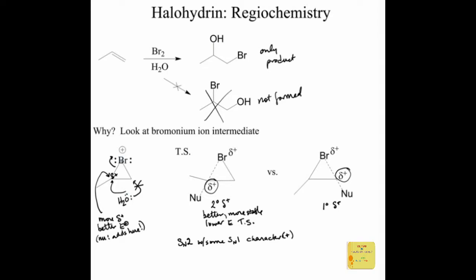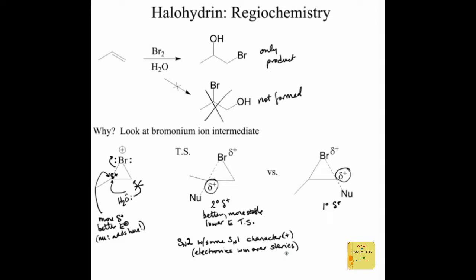Because there's a positive charge on the leaving group, electronics beat the sterics. Electronics win over the sterics. So even though it's more sterically crowded, the partial positive character, the electron deficient character, is significant enough that that's where the nucleophile goes in spite of the increased sterics.